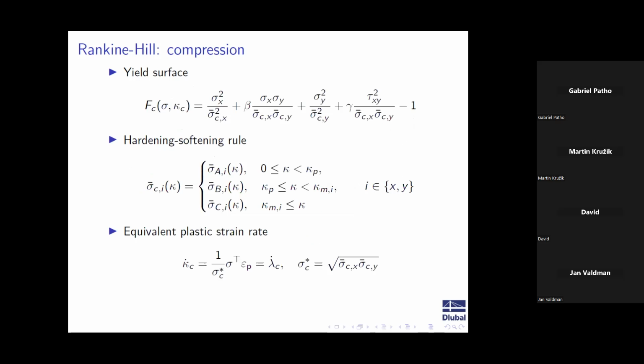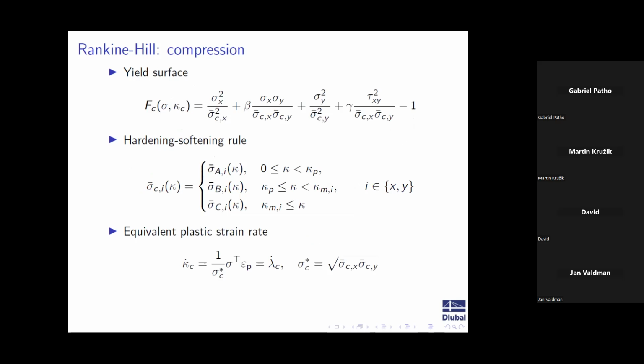These are the assumptions. Whereas the equivalent plastic strain rate is again reduced to the rate of the plastic multiplier if we consider work-like hardening.